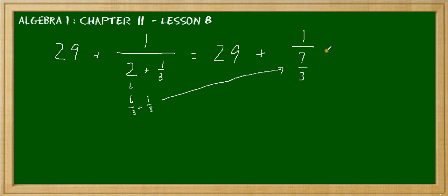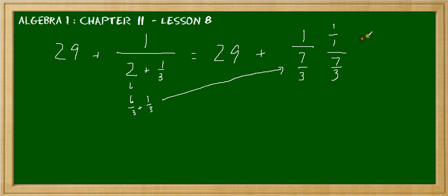Well, let me just write this as 1 over 1, right? This is 1 over 1, and that's being divided by 7 over 3. And we learned that when you divide 1 over 1 by 7/3, it's the same as doing the reciprocal.